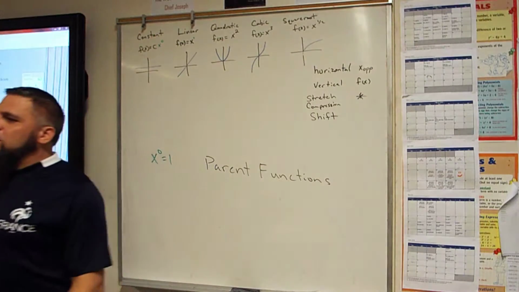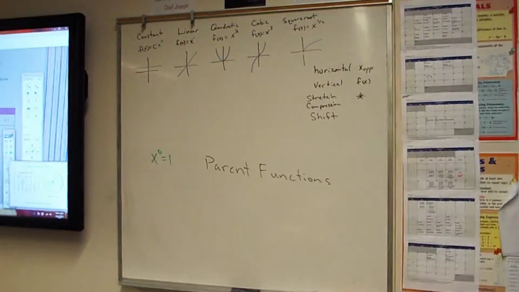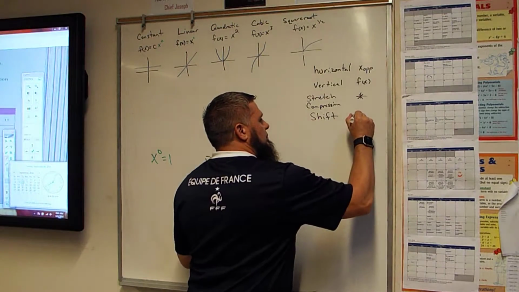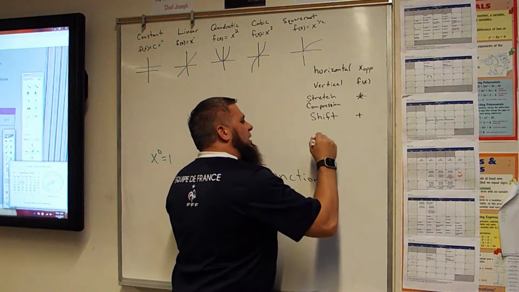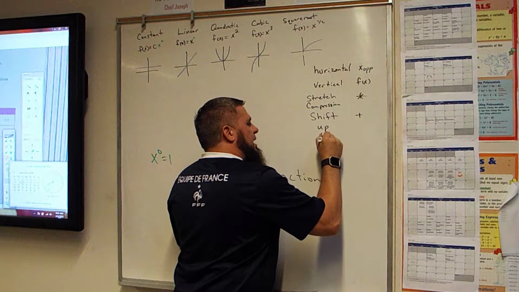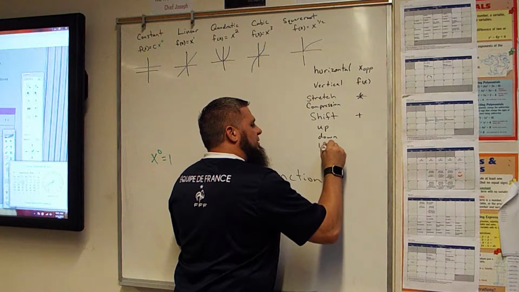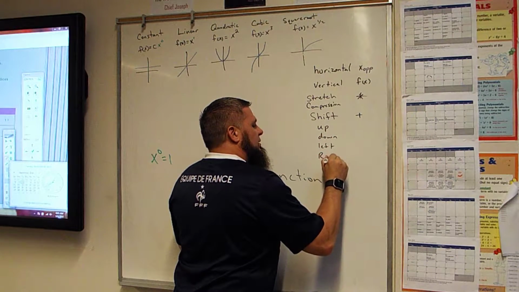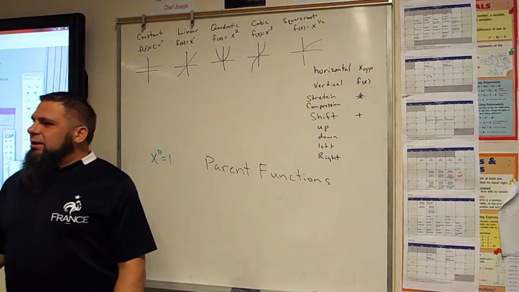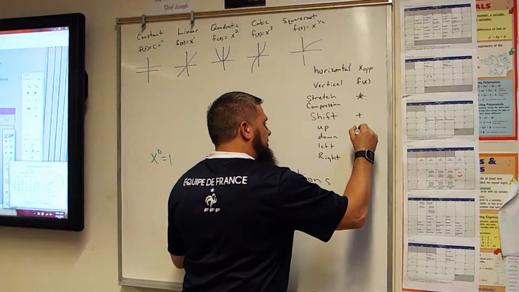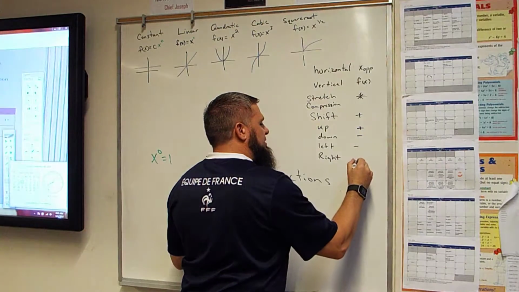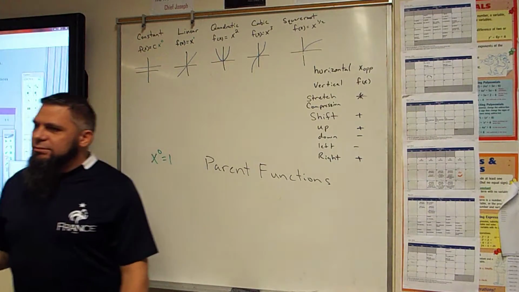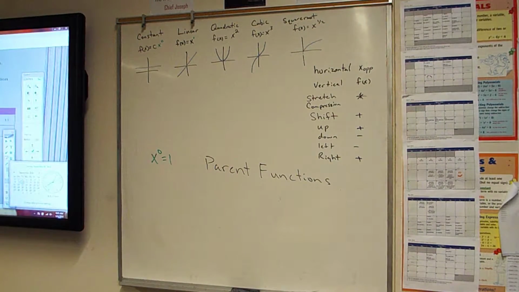And when we use that word, what does it relate to mathematically? Addition. That's right. Okay? And then there's up, there's down, there's left, and there's right. And what are they mathematically? Addition and subtraction. Subtraction and addition. Yes.